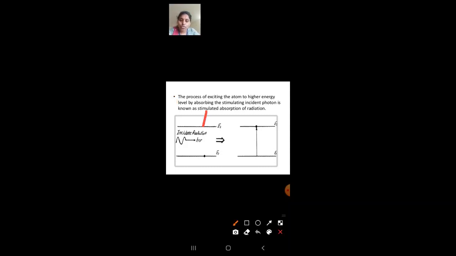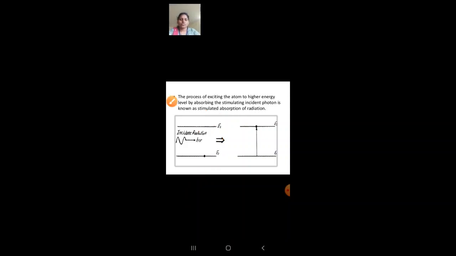Here the word stimulated means giving energy to that particle, and absorption means it takes the energy. So stimulated absorption exists here.